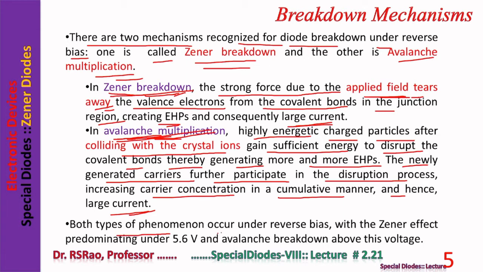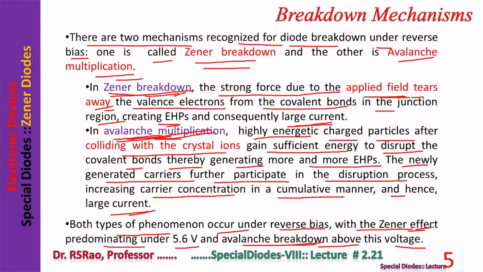Both types of phenomena occur under reverse bias, with the Zener effect predominating under 5.6 volts and avalanche breakdown above this voltage. So above 5.6 volts, it is avalanche breakdown. Below, it is Zener breakdown.